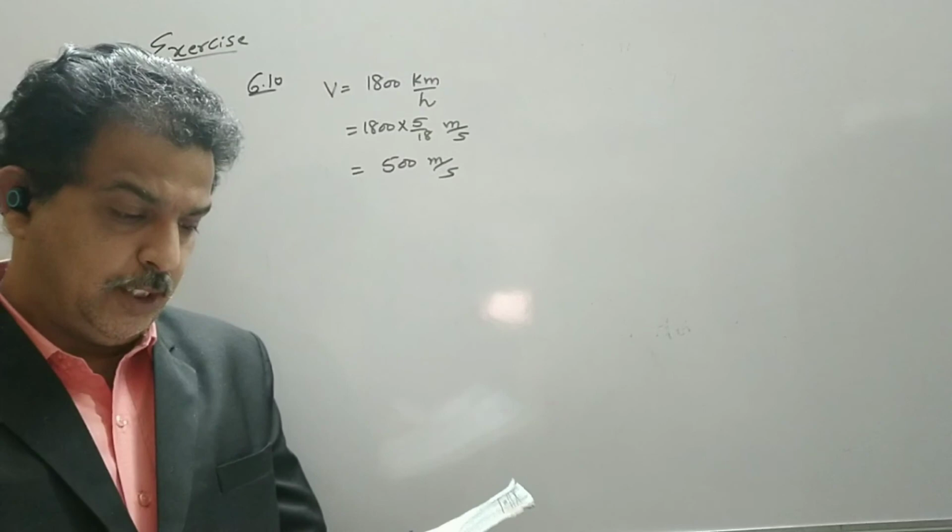We know motional EMF is equal to BVL, and in this experiment we studied that all three are perpendicular to each other. So if I see the length, this is the length of the wings, it is perpendicular to the velocity.